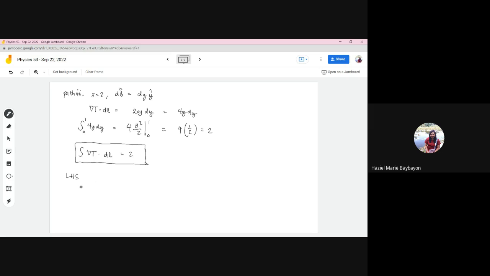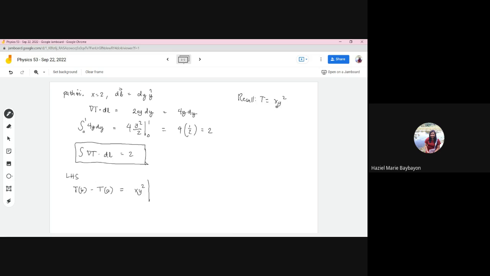So what is it, class? You have t sub b minus t sub a. This is xy squared, this is your t, right? So we just evaluate our function. Recall that our function, t, is equal to xy squared.